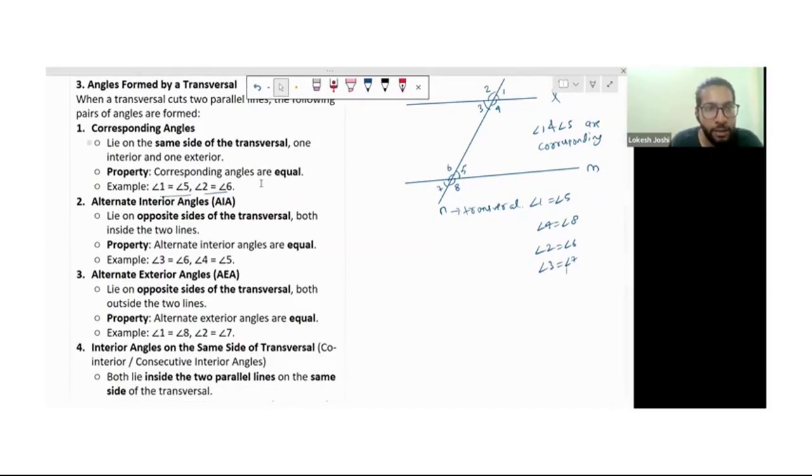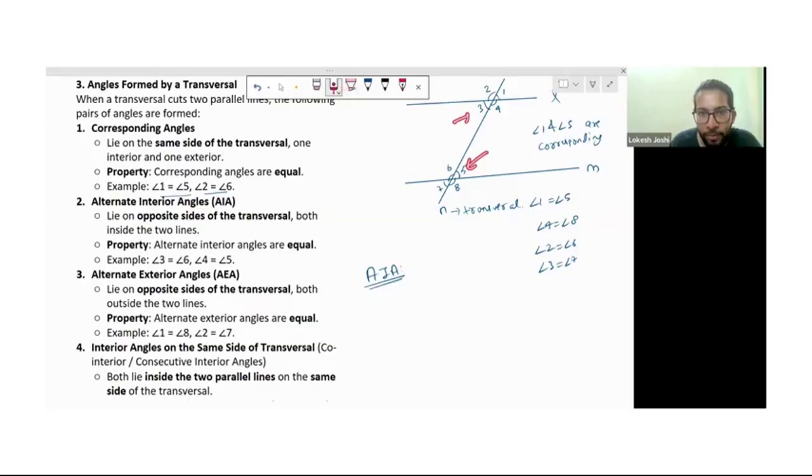Now the second one which is written there is alternate interior angles. They lie on opposite sides of the transversal, which means suppose the first one is in the left direction, then the second one will be in the right direction. And alternate interior angles are equal. So first of all, we have to write the pairs of alternate interior angles. Okay, so 3 is interior there and 5 is also.